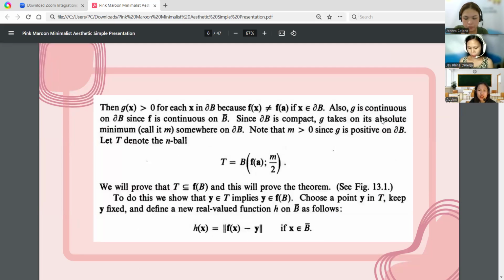Then g(x) is greater than 0 for each x in B. J is also continuous on B since f is continuous on B, and since B is compact, J takes on its absolute minimum, call it m, somewhere on B. Note that m is greater than 0, since g is positive on B. Let T denote the n-ball.